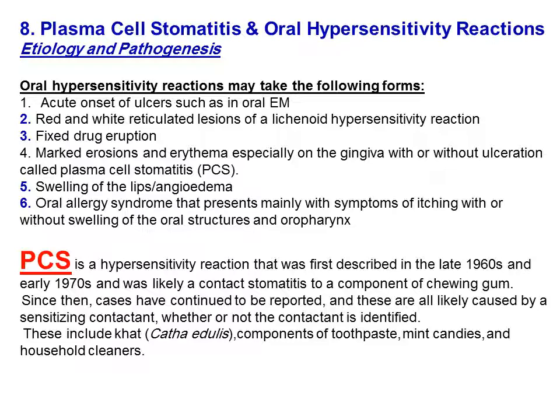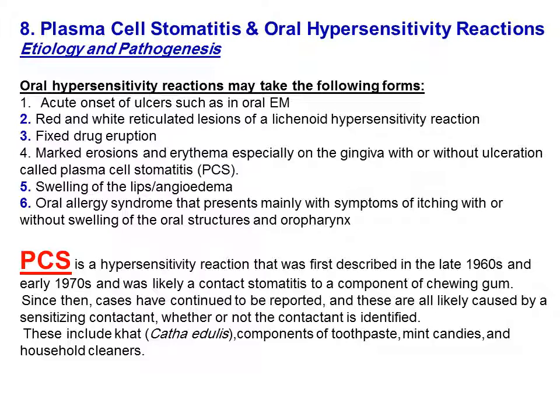Second, red and white reticulated lesion of lichenoid hypersensitivity reaction. Third, fixed drug eruption. Fourth, marked erosion and erythema especially on the gingiva with or without ulceration, called plasma cell stomatitis. Fifth, swelling of the lips, angioedema. Sixth, oral allergy syndrome that presents mainly with symptoms of itching with or without swelling of the oral structure and oropharynx.